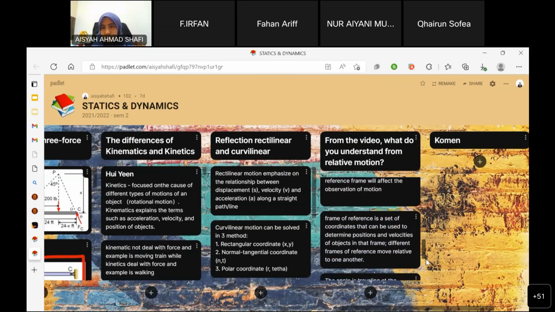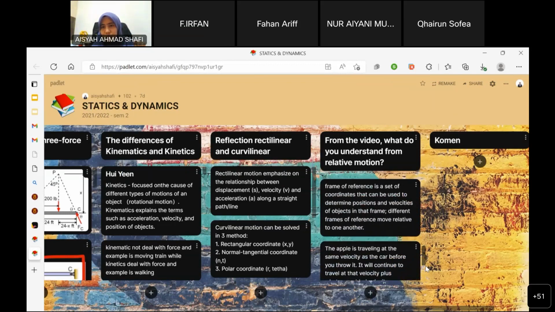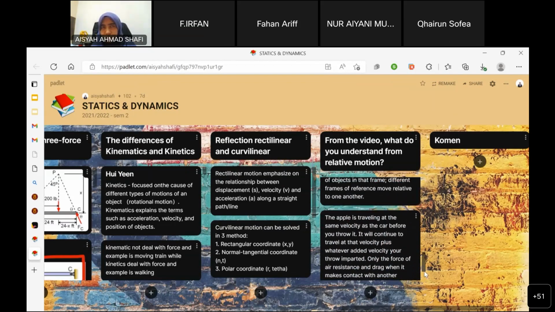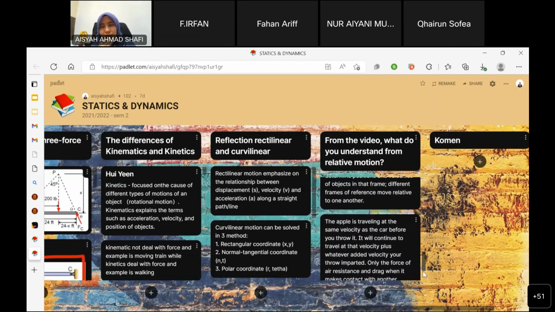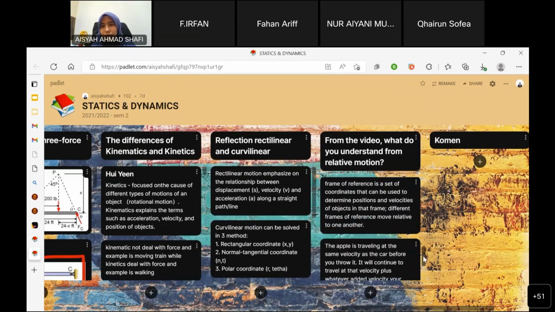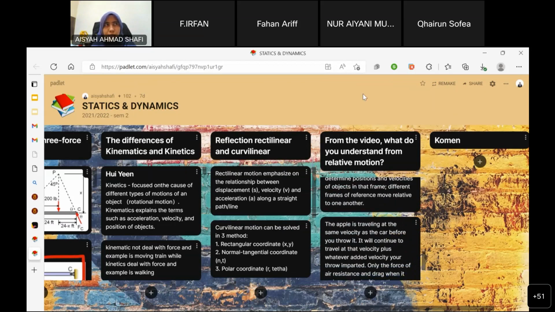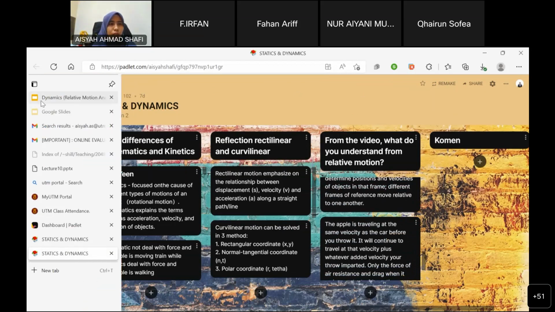Different frames of reference move relative to one another. Maybe after this you can look further, because the definition of the frame of reference is a bit tricky. But in relative motion, the frame of reference is considered. Thank you for all the sharing.